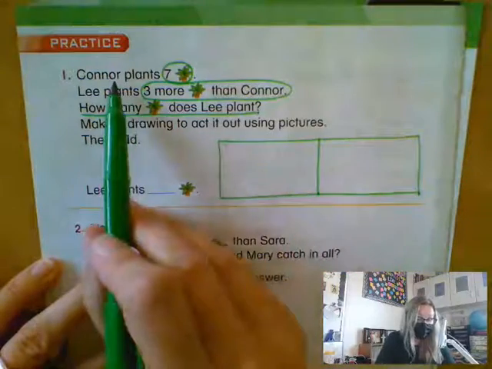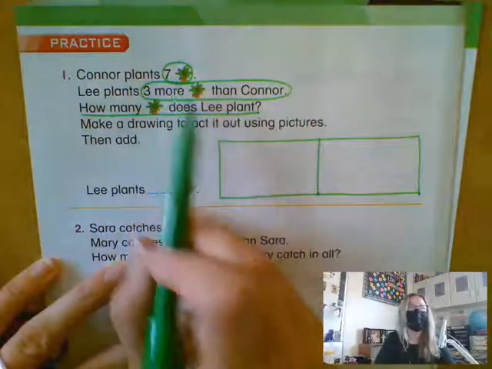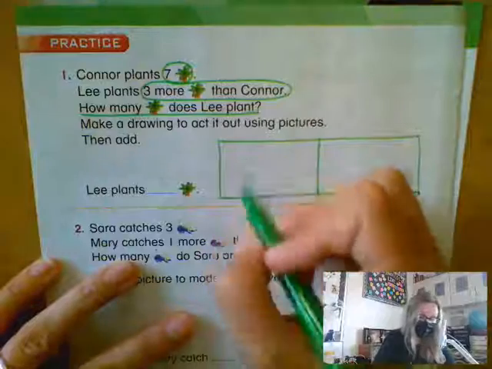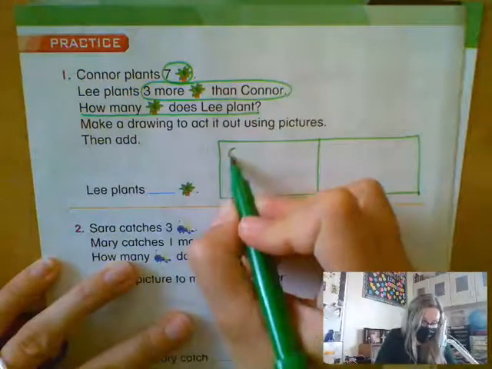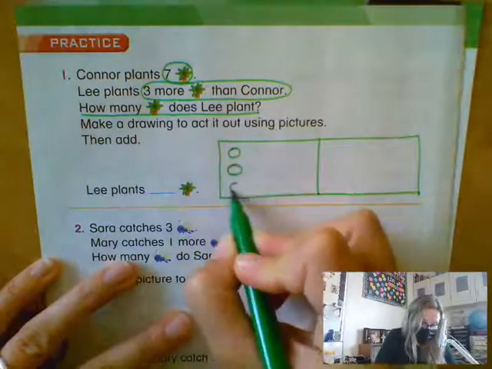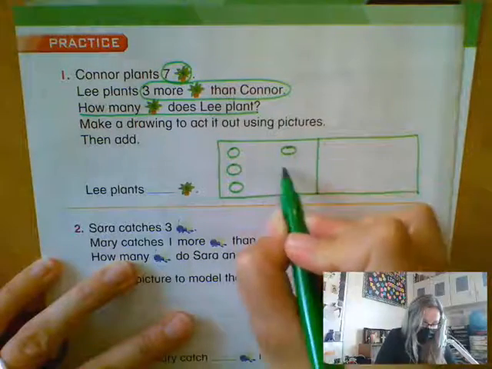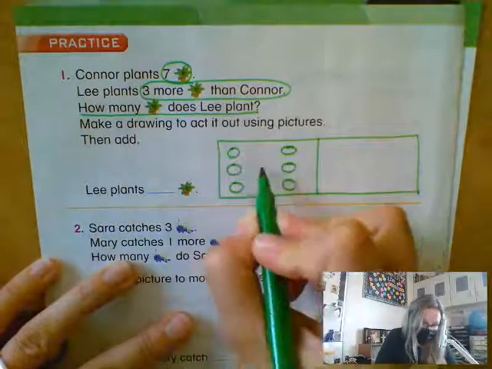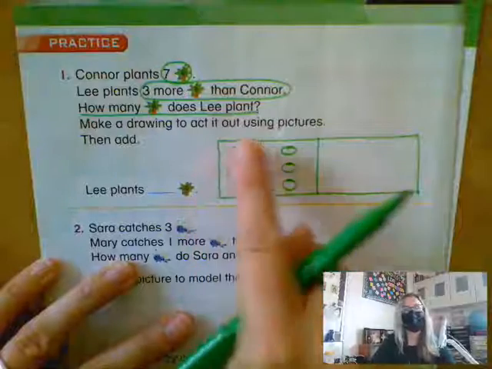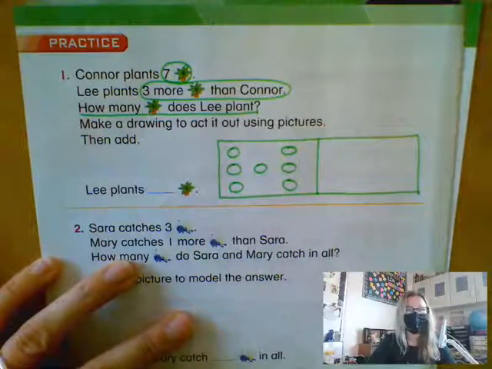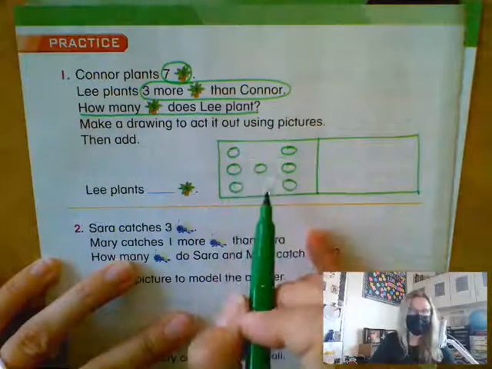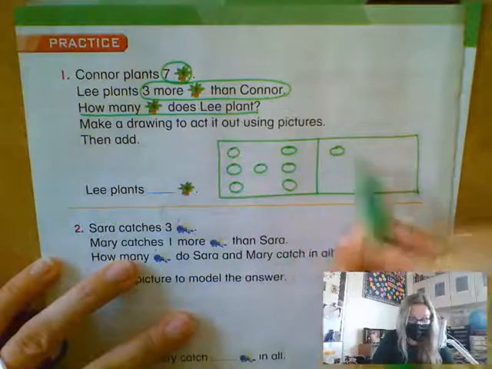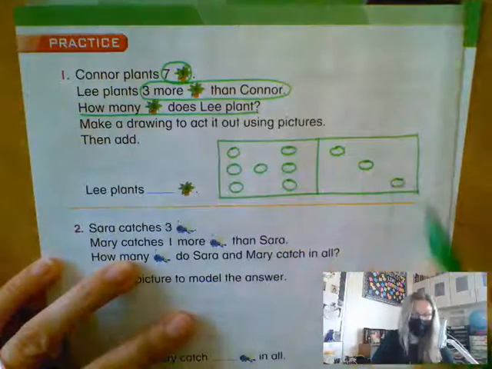I know that Connor has 7. So I'm going to draw 7 circles here to show Connor's. Here's 1, 2, 3, 4, 5, 6, 7. So these are Connor's 7 plants. Now Lee has that 7, but he also has 1, 2, 3 more.